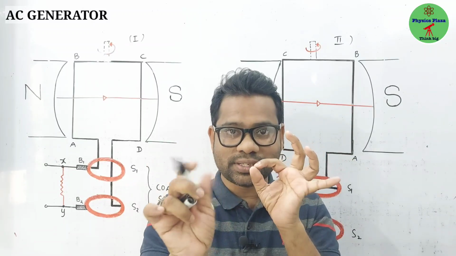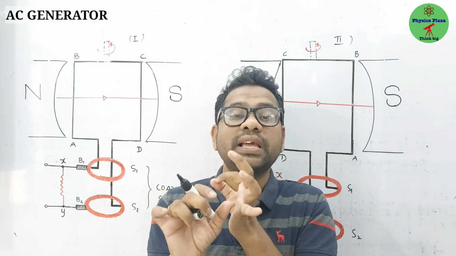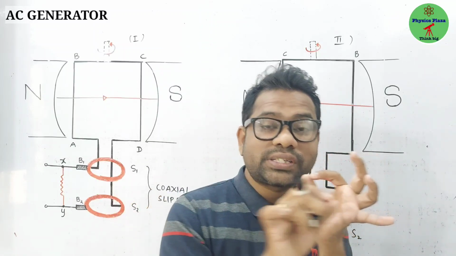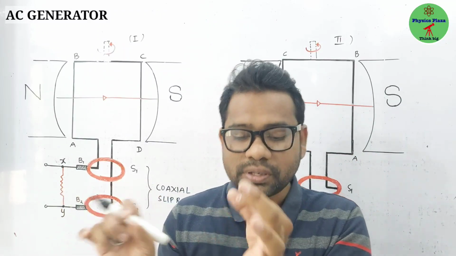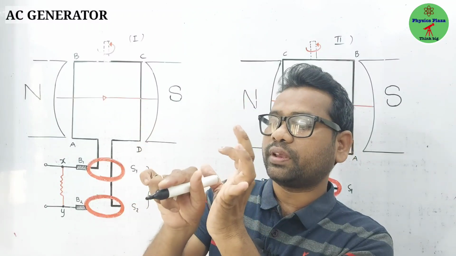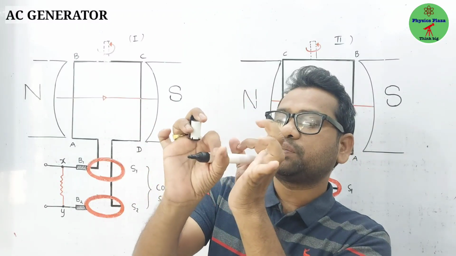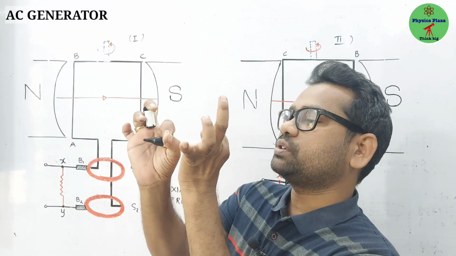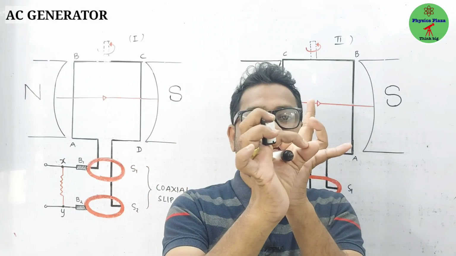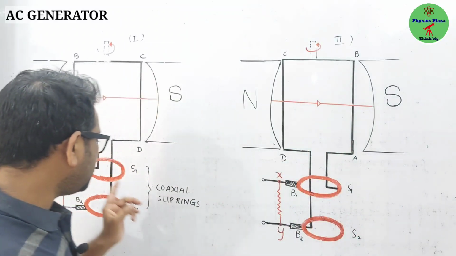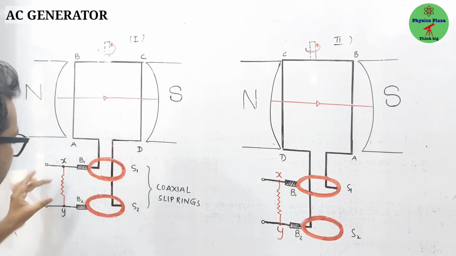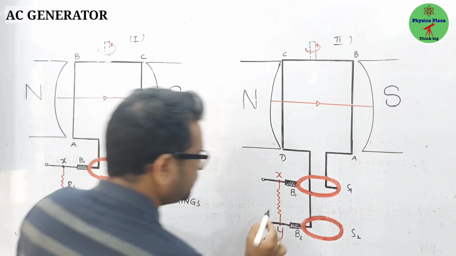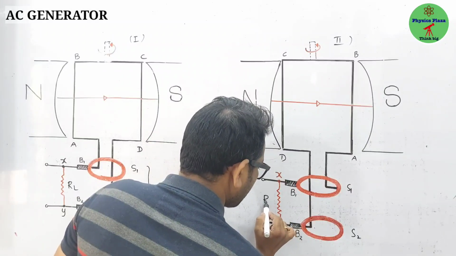Coaxial rings means the rings whose axis of rotation is the same, through the centers. Let us say my two fingers are coaxial rings. Next here are the carbon brushes, and finally here is a load resistance, load RL.